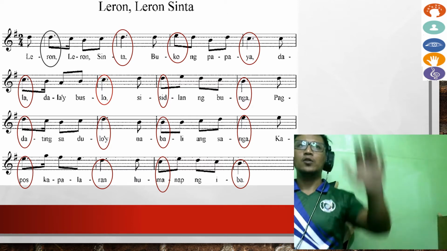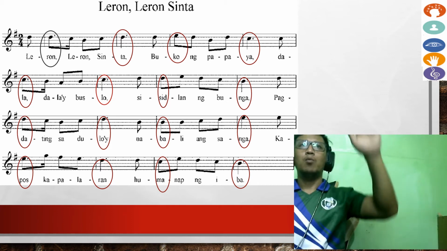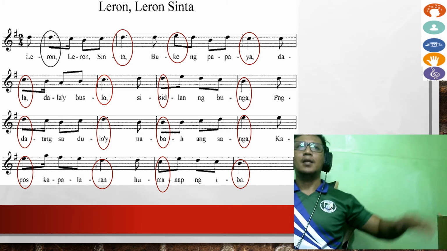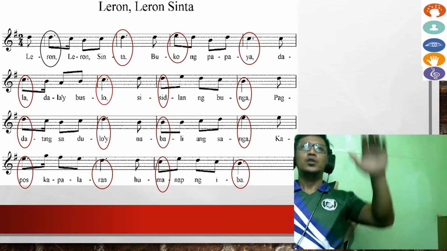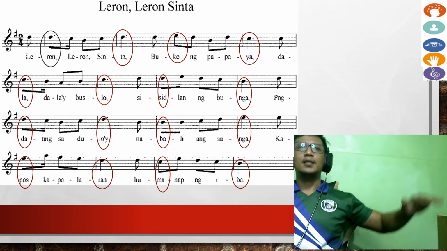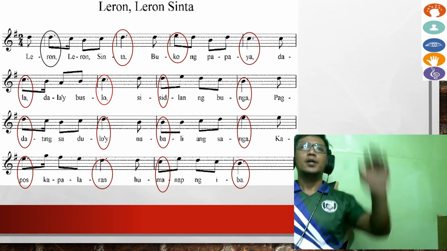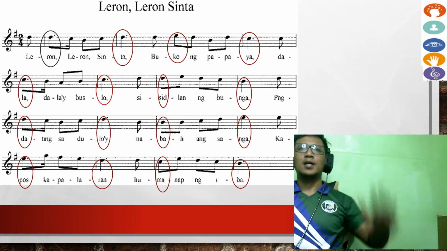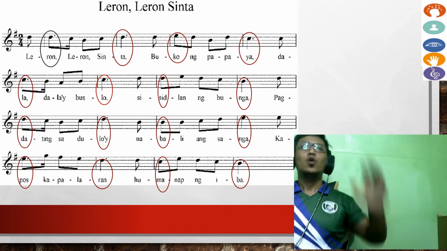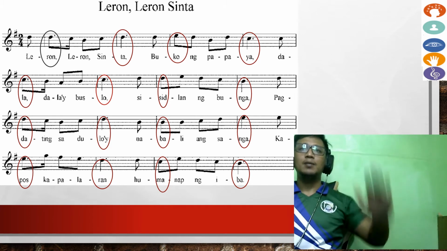Leron Leron Sinta, buko ng papaya, dala-dalay buslo, sisidlan ng bunga, pagdating sa duloy, nabali ang sanga, kapos kapalaran, humanap ng iba.